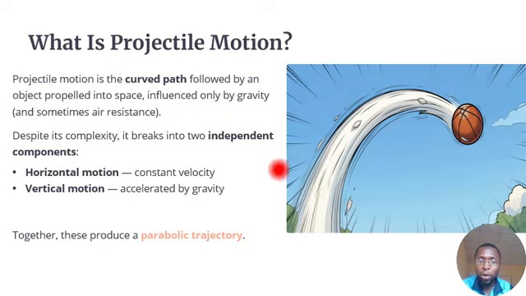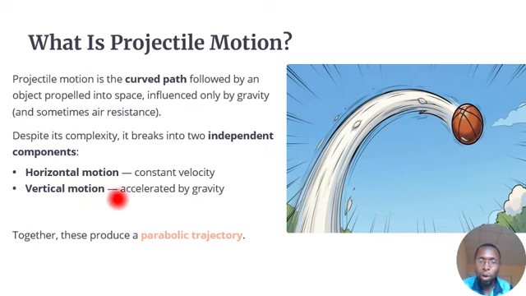But before we get to that, even though the ball is moving in the air, we can categorize the movement into two parts: vertical movement or horizontal movement. So the ball moves vertically and then makes a curved path, or moves horizontally.